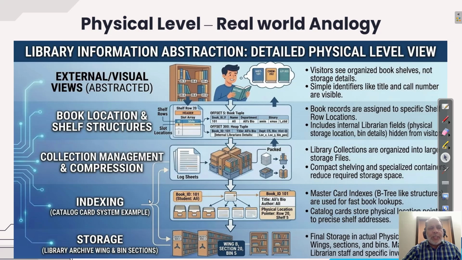This type of indexing is done in the physical level. Then storage: by doing all these, the librarian will place the books on the shelf, which resembles the storage. This is the real world example of the physical level.